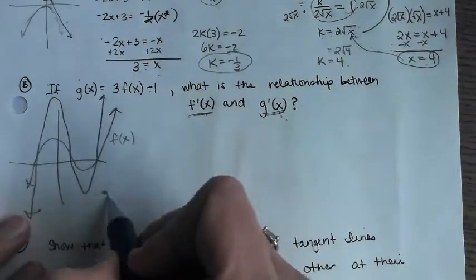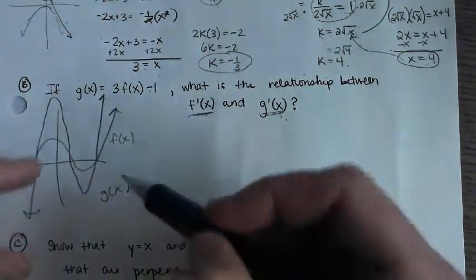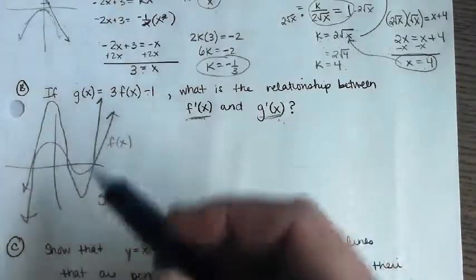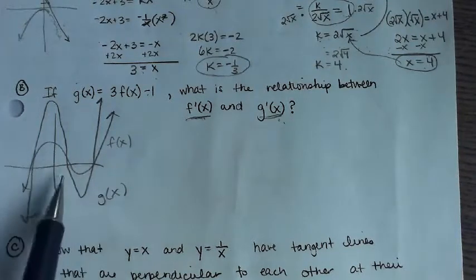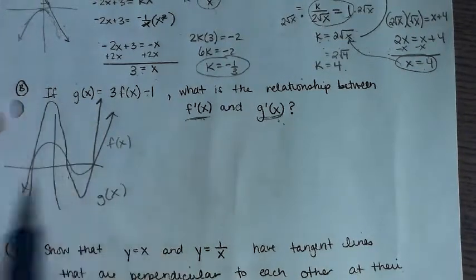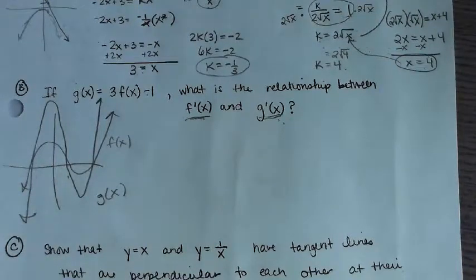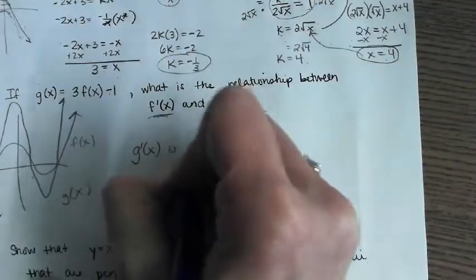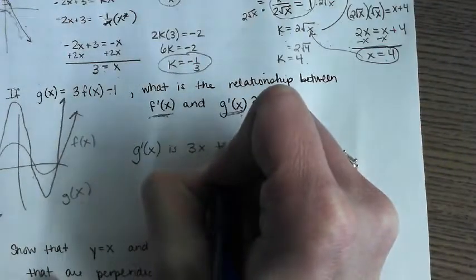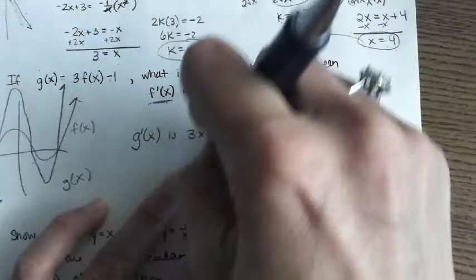So that would be our g of x, 3 times as steep. Then when you shift it up 1, as Jalen said, shifting up 1 or down isn't going to affect the slope at any location. When you slide things up and down, we don't affect it. So g prime of x is 3 times f prime of x.